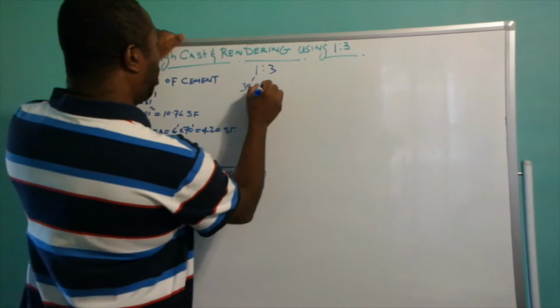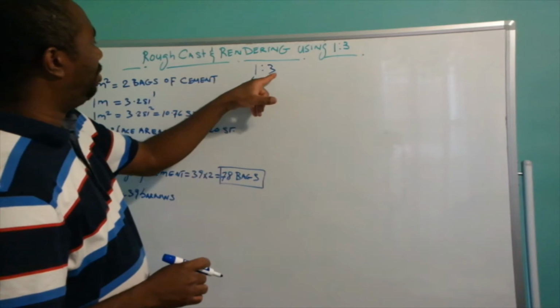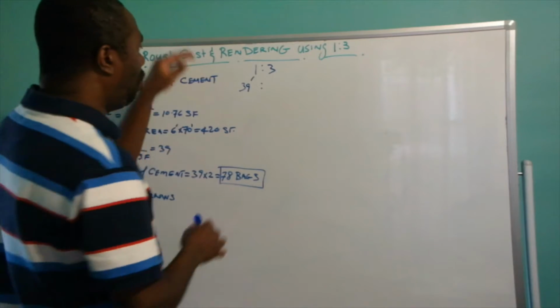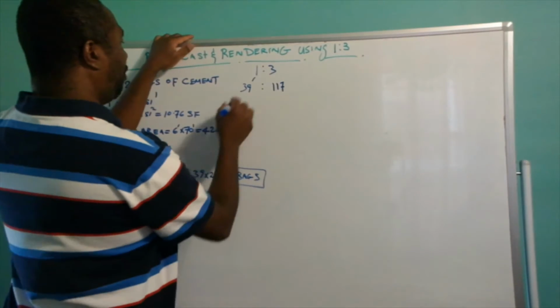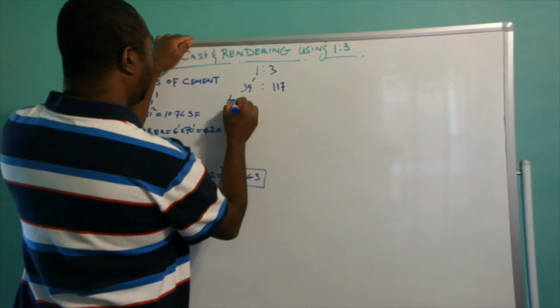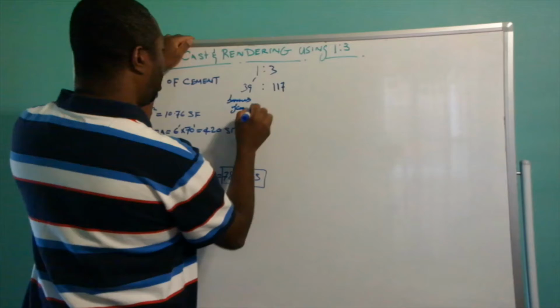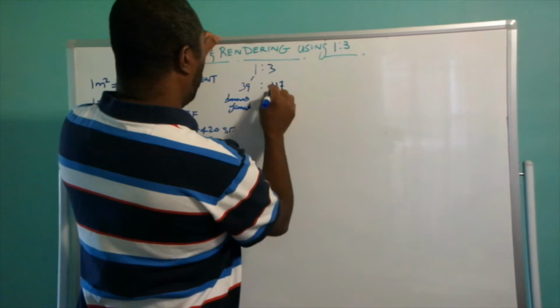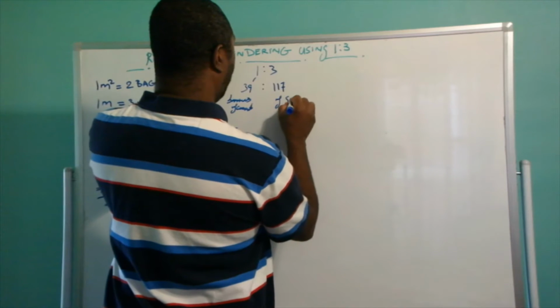In order to get the amount of sand, we have to multiply this 39 by 3, which works out to be 117. So it is 39 barrels of cement as against 117 barrels of sand.